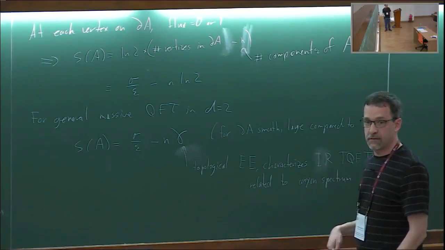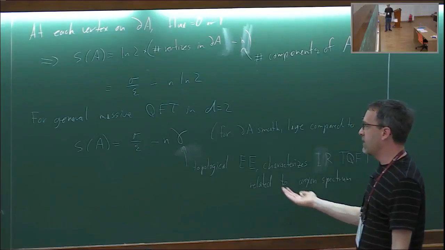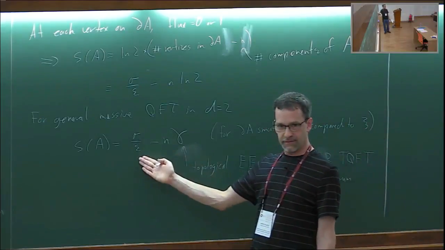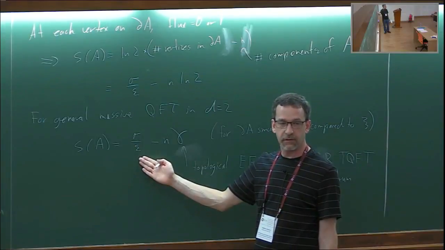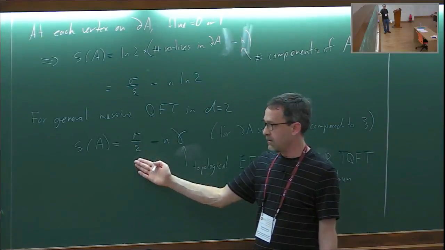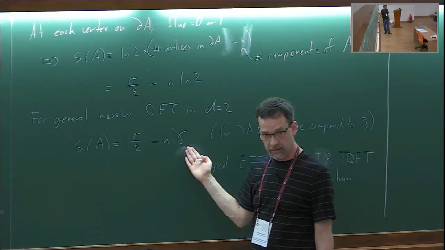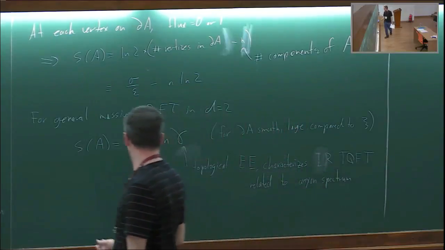And you could ask the question, well, this is great, but how am I ever going to know what this is? Isn't it swamped by this divergent piece? Like if I'm calculating S of A on a computer, how am I going to extract this? There's a couple ways to do it.